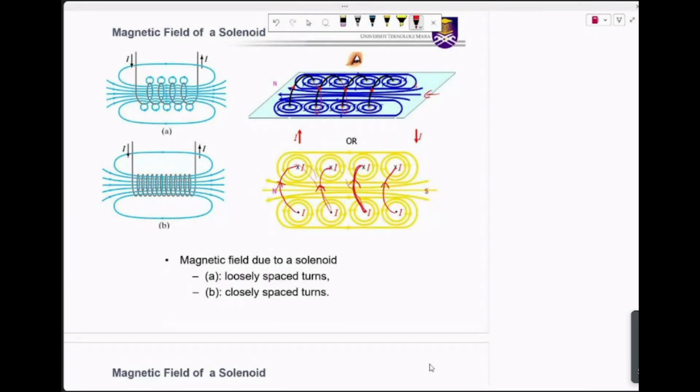We are only concerned about the top side because it gives us enough information. That's all.